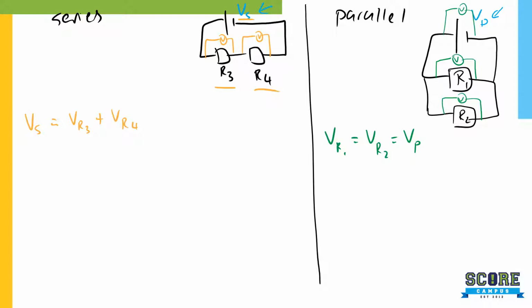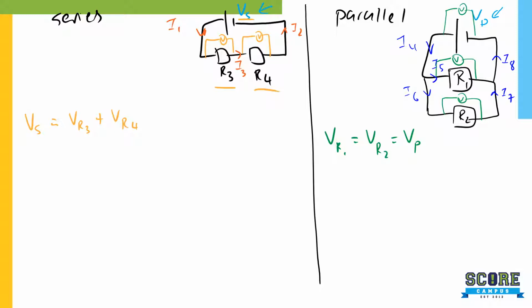Now the second one, let's talk about the current. I have the current here, I1, this I2, I3. Here I don't want to use the same number, so I put I4, I5, I6, I7, I8.